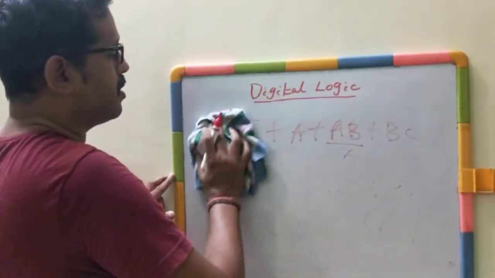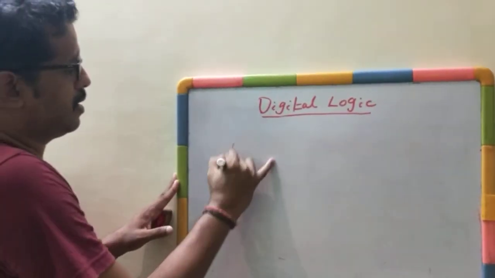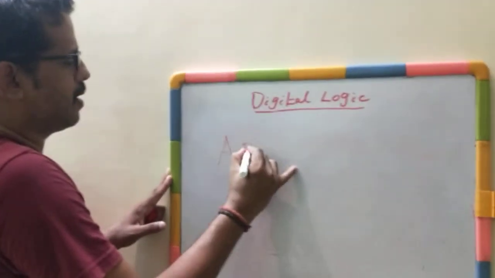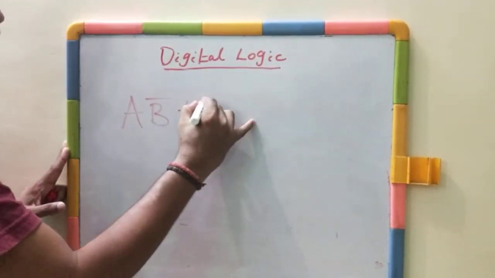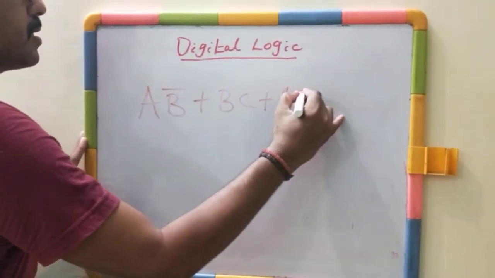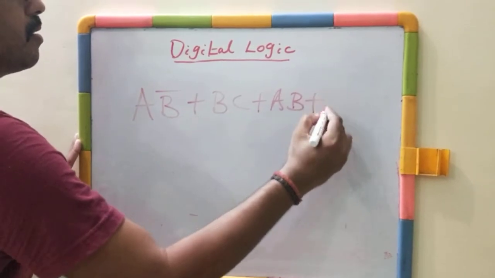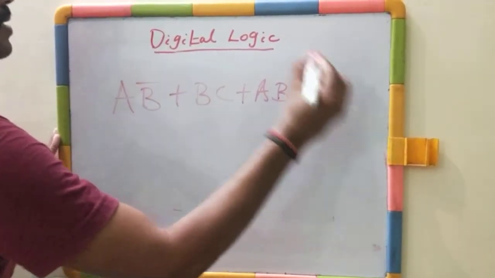We'll see some more examples. AB dash plus BC plus AB plus B bar C, right?